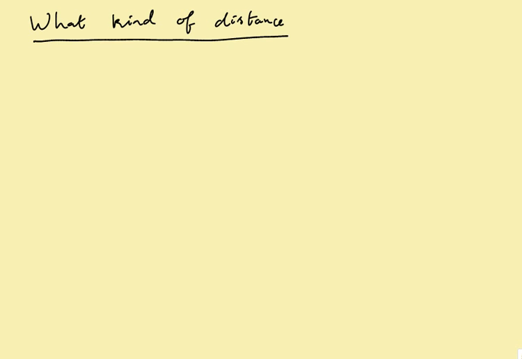Okay, so let me just say what kind of distance here. Obviously, I don't mean just Euclidean distance, but let's not look for arbitrary metric spaces. Okay, so Euclidean distance can be given, of course, directly by a formula, but instead we can look at Euclidean length.